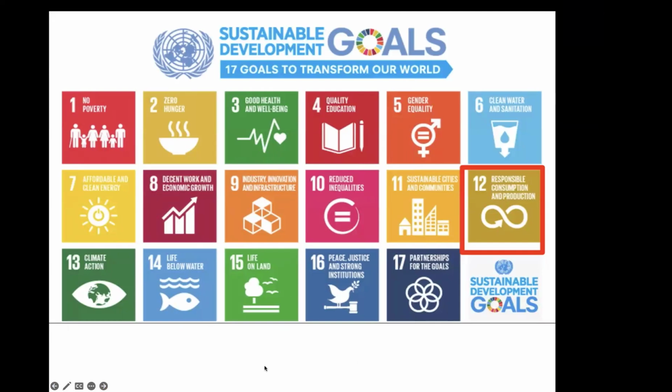Here are the UN Sustainable Development Goals, right? Now, the UN SDGs have so many factors. Here are some examples. 17 goals: poverty, hunger, good health and well-being, quality education, gender equality, and the list goes on.